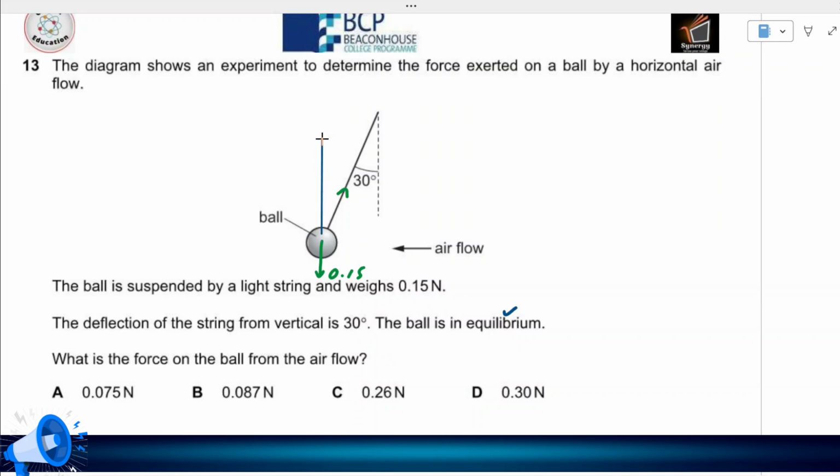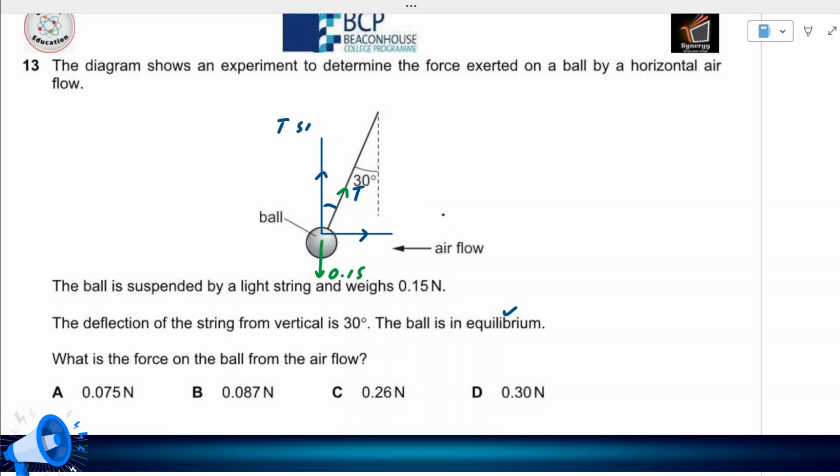So I can split the force of tension into components. So the two components would look something like this. So if this is angle theta, this one would also be angle theta, which is 30.